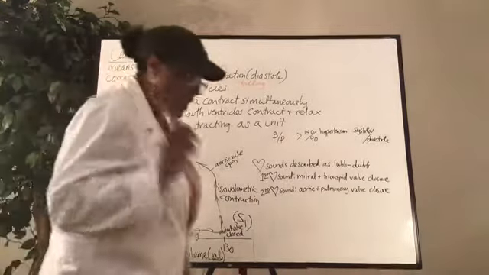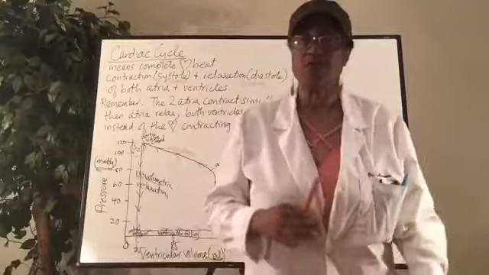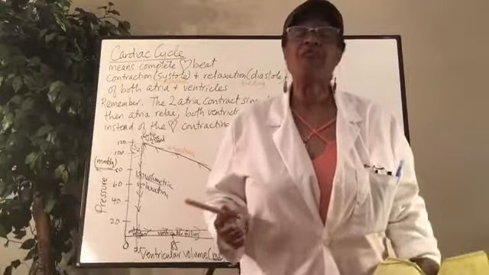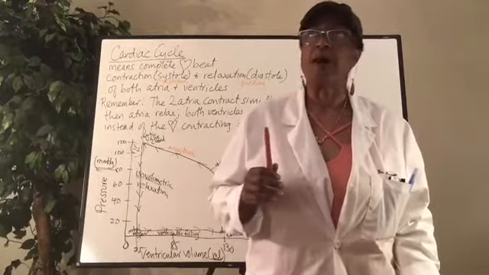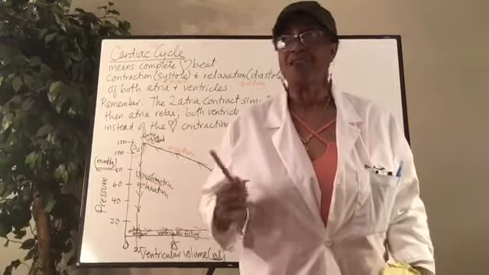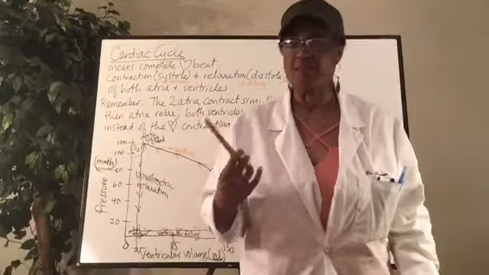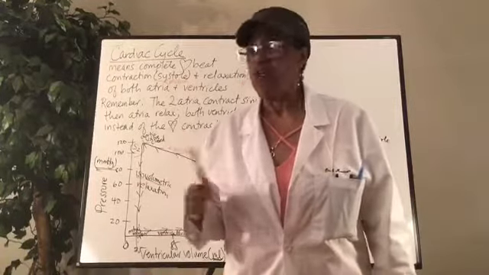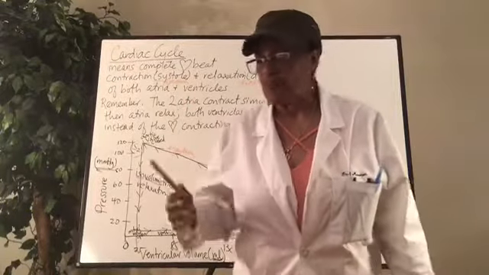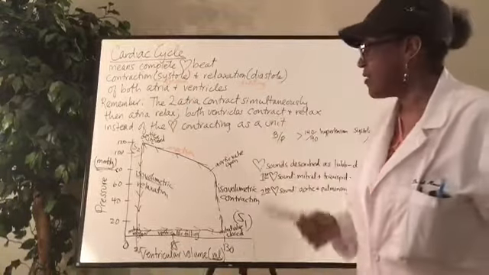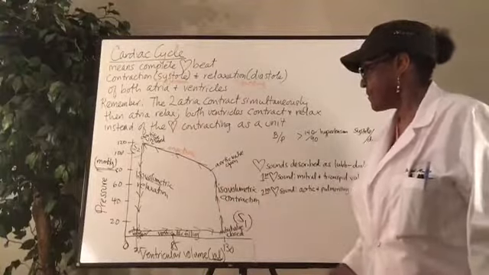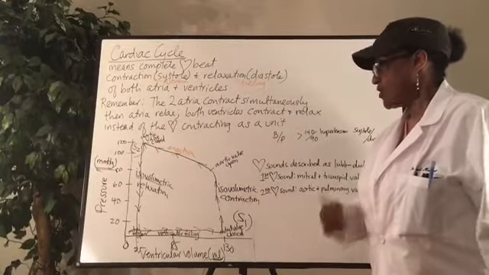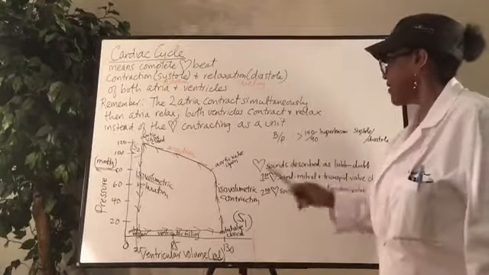So let's talk about the valves closing so you can understand it more, even though some authors talk about it in terms of the contraction. I don't know, that doesn't make sense to me. The valves closing makes sense to me, that you would hear it as a sound, but not the isovolumetric contraction. But okay, whatever.